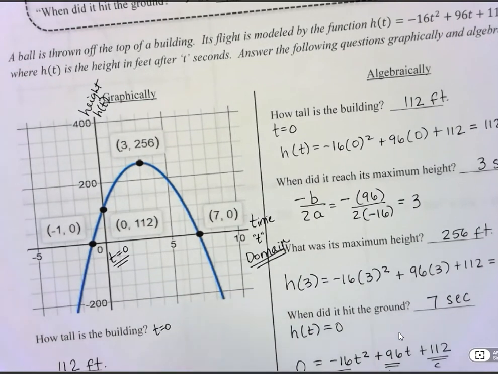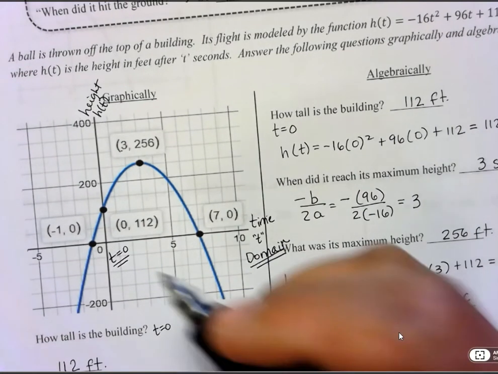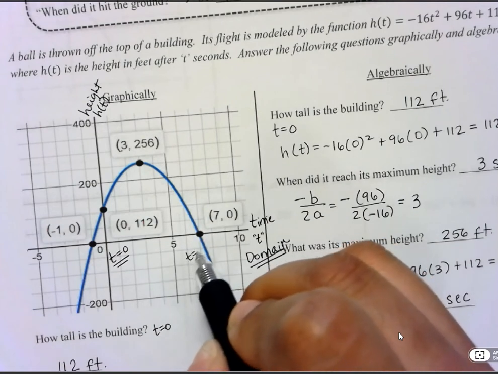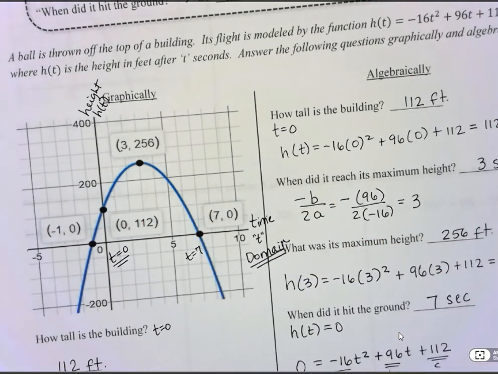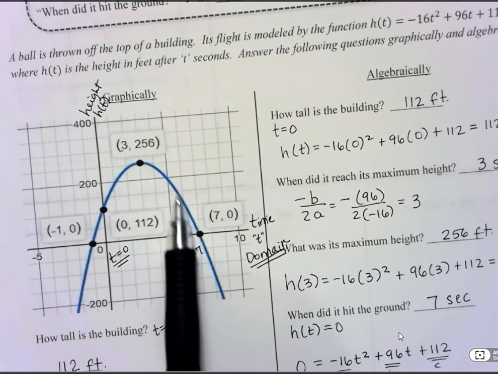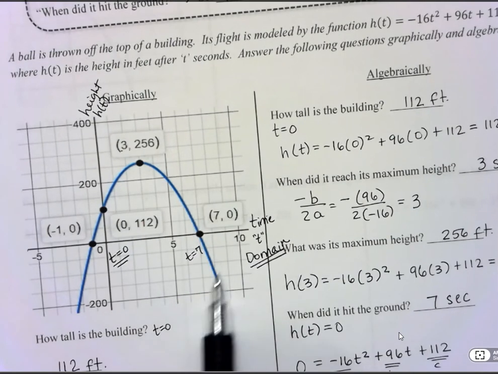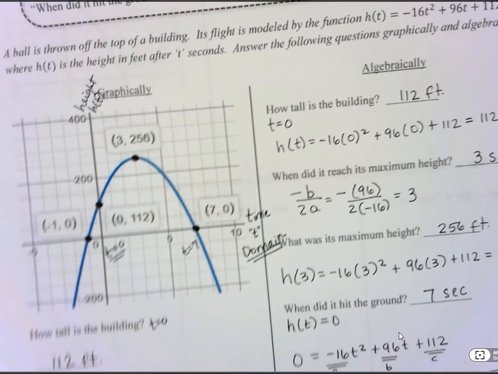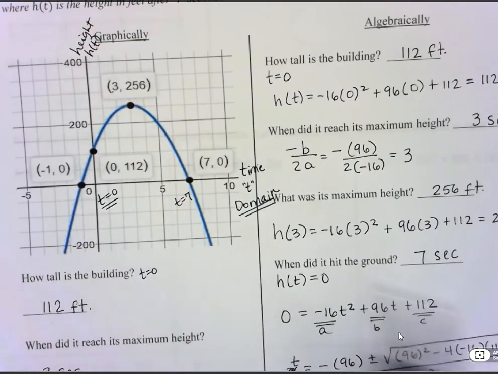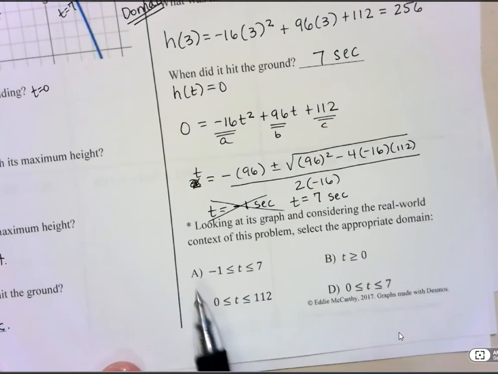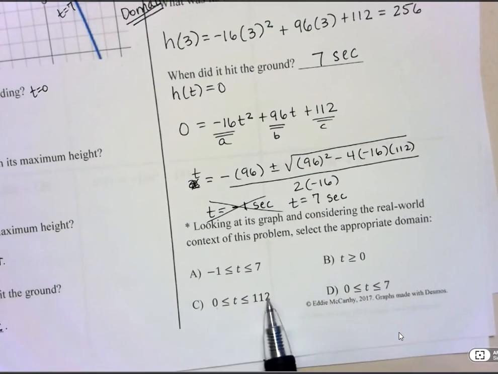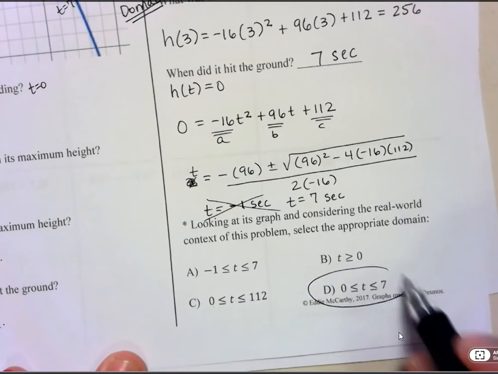We always start counting time from 0, all the way up to time equals 7 seconds. That's the only time that applies here. The ball is not going to make it below the ground, and time can't be negative. So the appropriate domain has to be between 0 and 7.